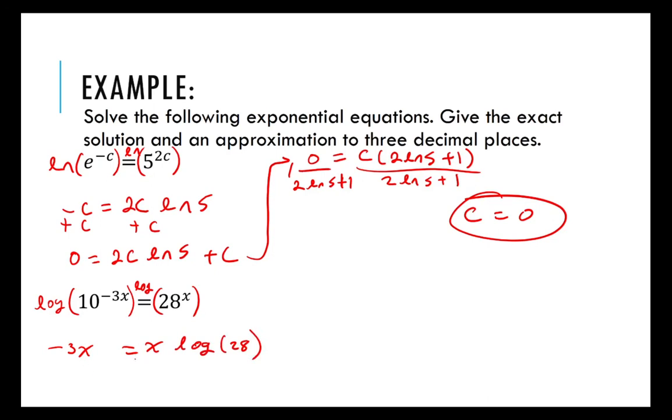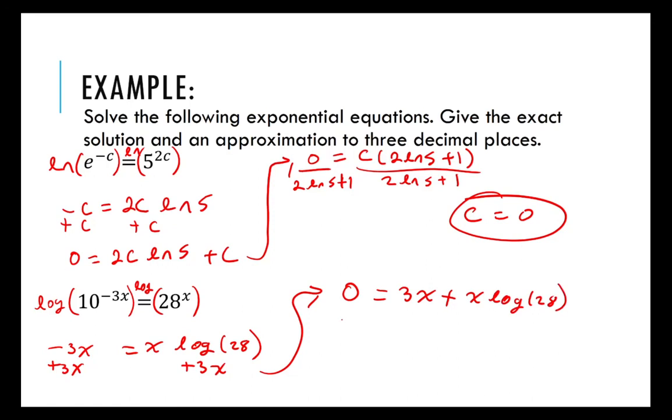Because I don't know if x could or couldn't be 0, I need to add 3x to both sides. Then I get that 0 is equal to 3x plus x log base 10 of 28, which then I can factor out the x, so that 0 is equal to x times 3 plus log of 28.